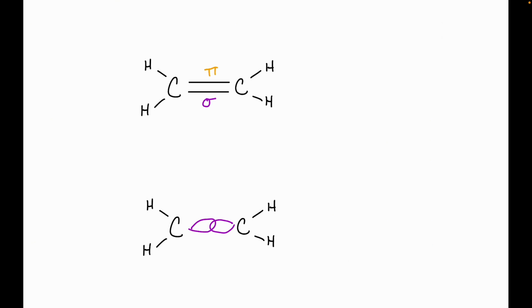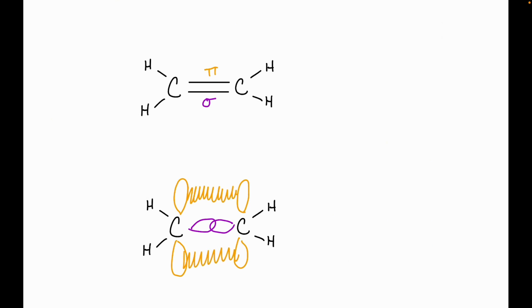The pi bonds are really weird. Not what anybody would have expected until quantum mechanics came along and explained what the heck was going on here. But that cloud of electrons is no longer sitting between those two carbon atoms. They're sitting in clouds above and below the plane of that bond, right? It's the sharing of electrons above and below that sigma bond.